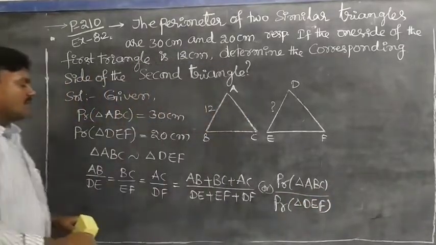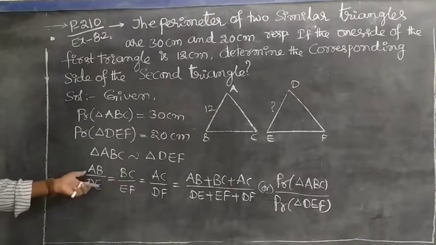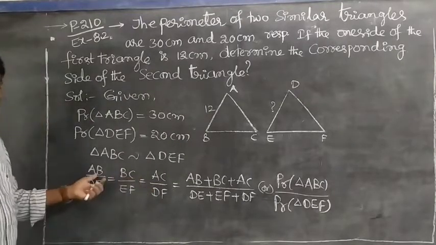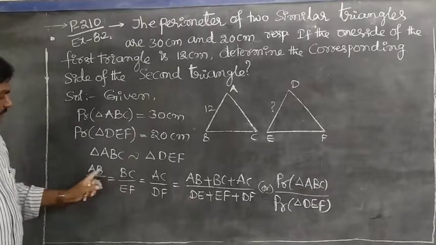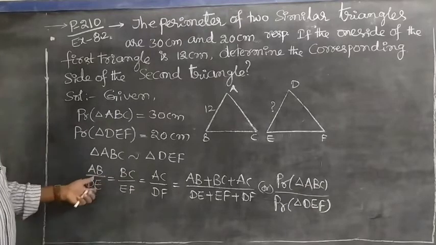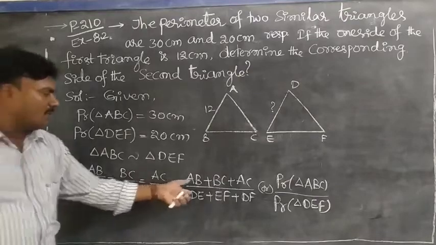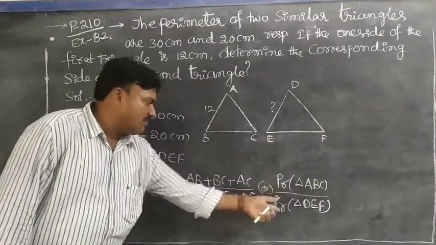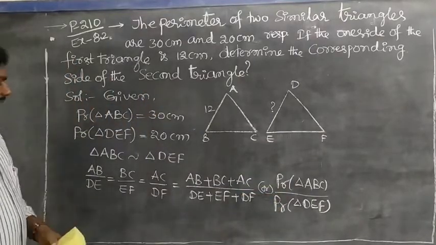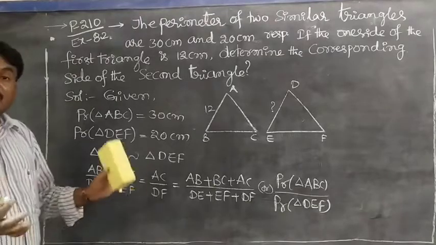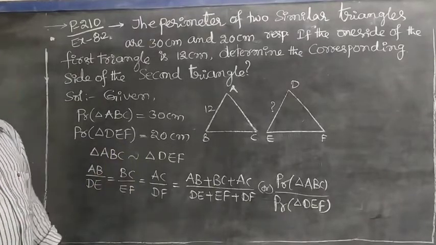Okay, students, observe. We know the ratios are equal, so AB by DE equal to BC by EF equal to AC by DF equal to perimeter of triangle ABC by perimeter of triangle DEF. If four ratios are equal, any two ratios are also equal, we know very well.